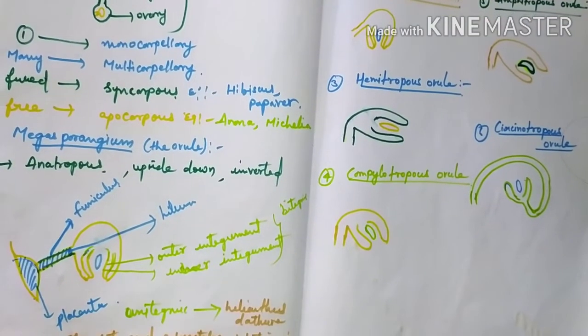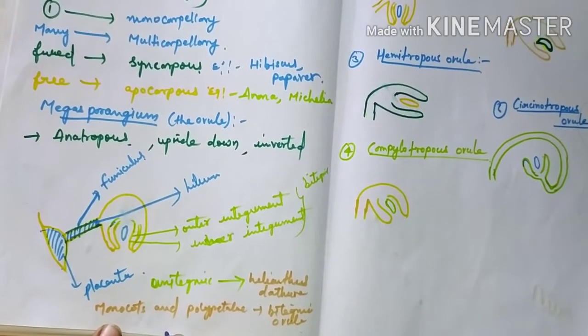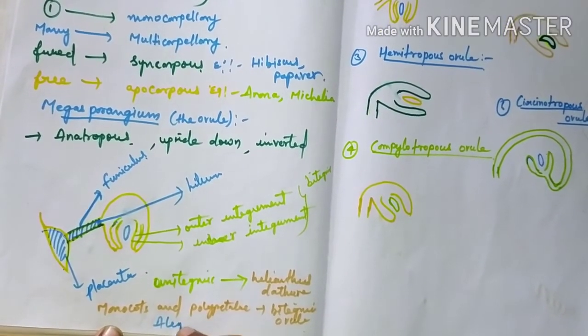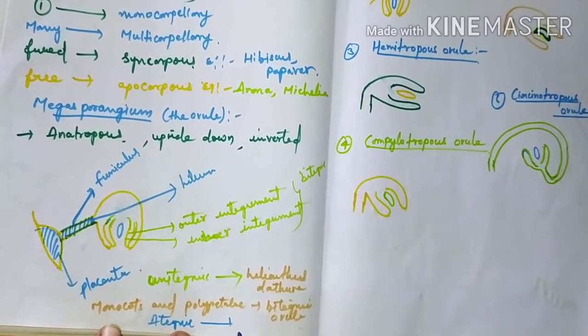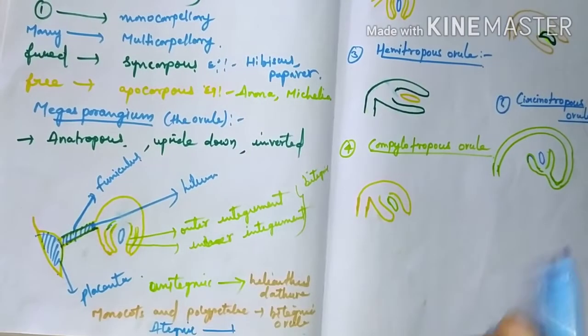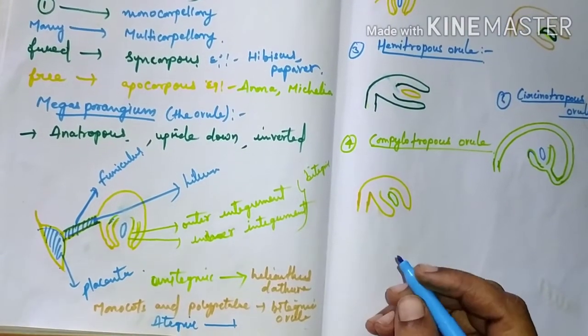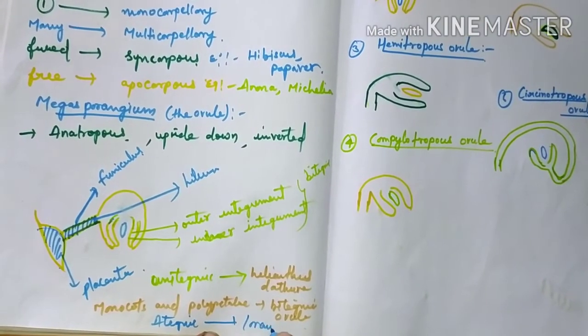And in Loranthus, the ategmic ovule is present. Ategmic ovule means the integument which surrounds the ovule is absent, which is present in Loranthus.